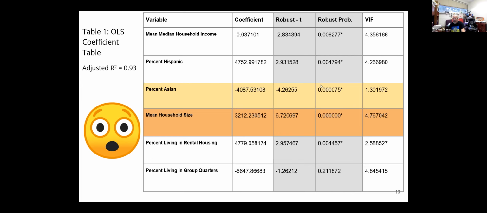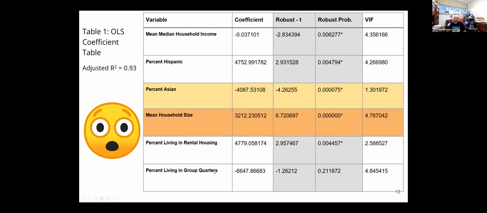And so what we see here is that household variables, particularly mean household size, was the most robust of the variables in determining the rate of COVID-19 in 2020 by neighborhood. All the rest of those contributed and were significant contributors to the model, with the exception of percent living in group quarters.